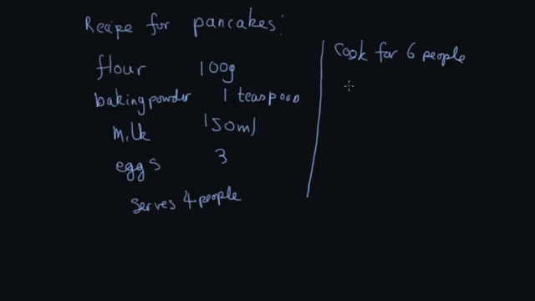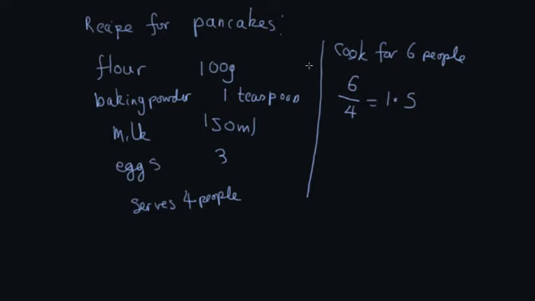So we think of our scaling factor, so we'll take the number of people we want to cook for, which is 6, divide it by 4, which is 1.5, and now we're going to rewrite our quantities.